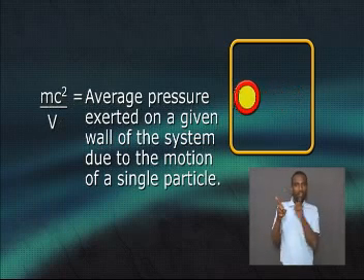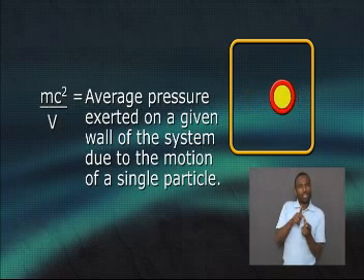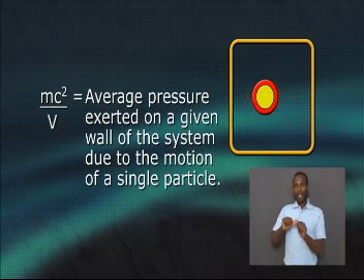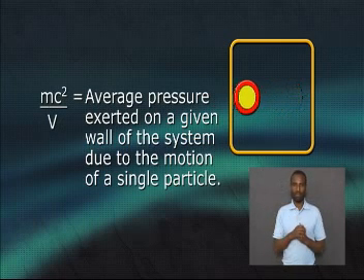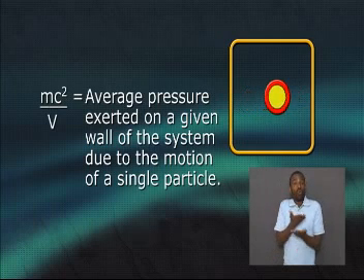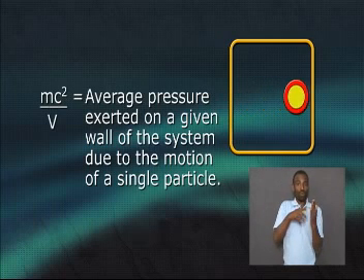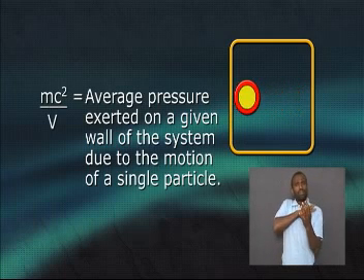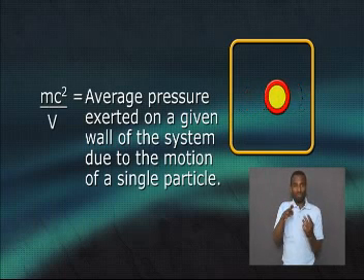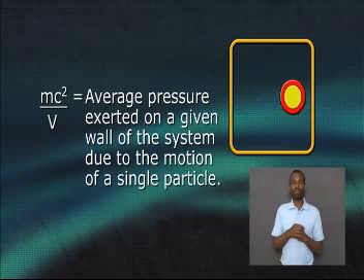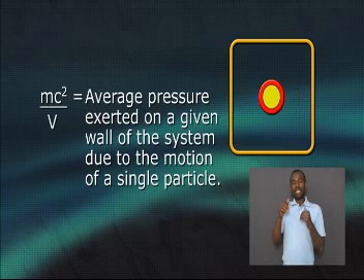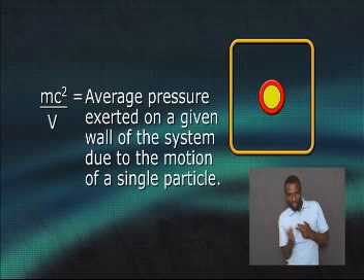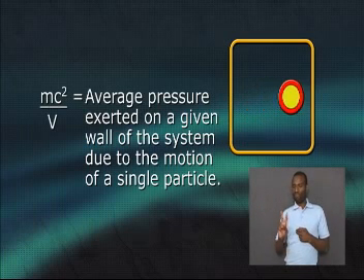As pressure is equal to force divided by area, and the area of the shaded wall is YZ, the average pressure on the shaded wall due to the motion of a single particle is mass times velocity squared divided by volume.